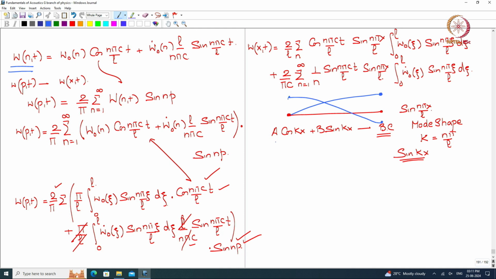You would start with the same expression, apply the boundary condition, find the mode shape and the eigenvalue, and that eigenfunction will sit over here instead of sine n pi x by L. So, as the boundary conditions change, this basis function changes, or the eigenvalue changes.